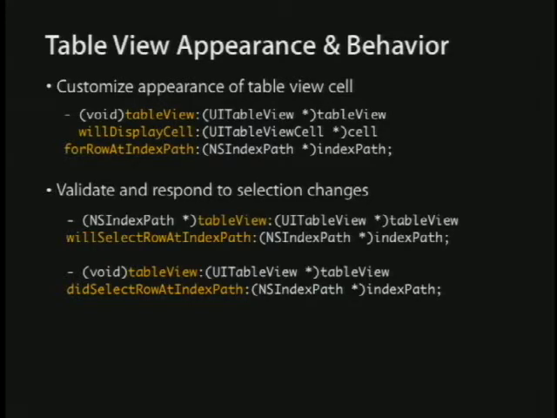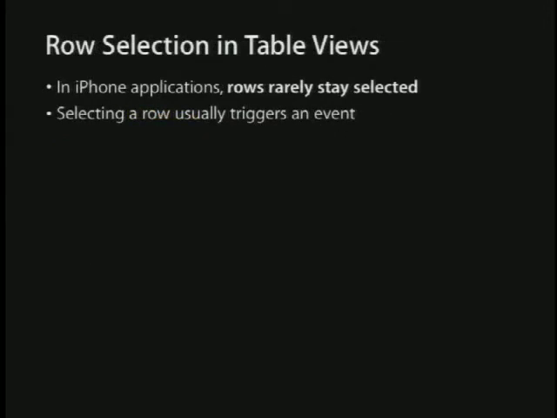And so in your did select row at index path, you may decide to allocate a new UI view controller and push it on self.navigation controller, so some new thing slides in. Row selection is usually, as we just said, something that's going to trigger an event. It's pretty infrequent that a row is actually going to stay selected.